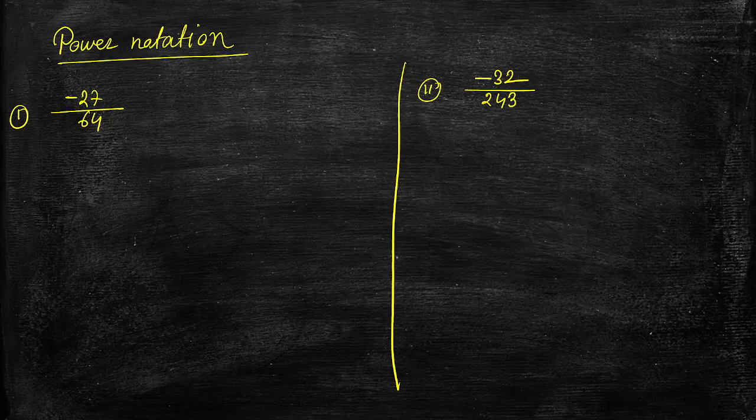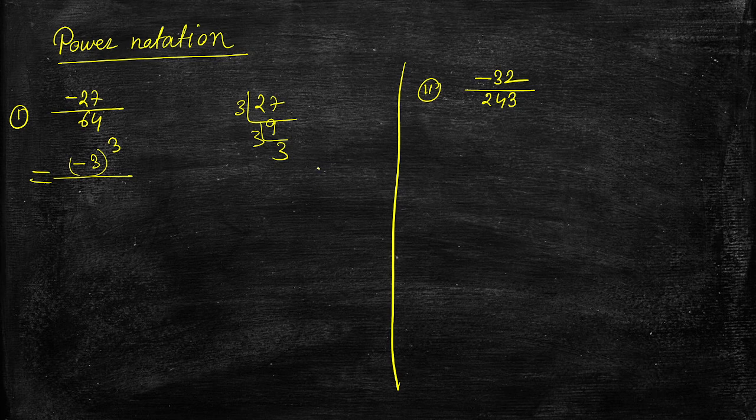So how to do a power notation if there is a fraction or number, basically you don't know how many times it's repeated. For this kind of question, what we'll do, we'll do the prime factorization of both the numbers. So for 27, this is 3, 9, 3, 3, that is minus 3 cubed.